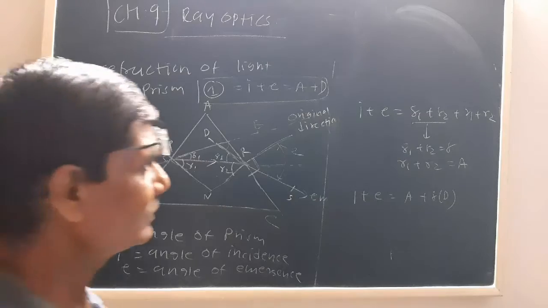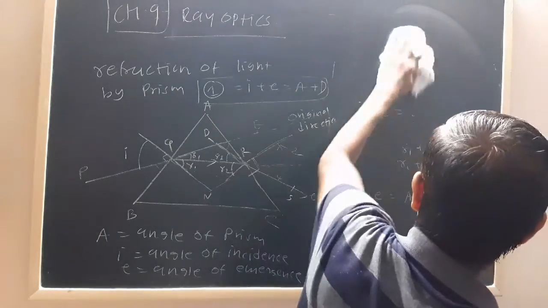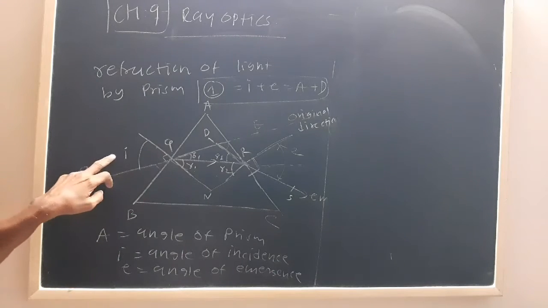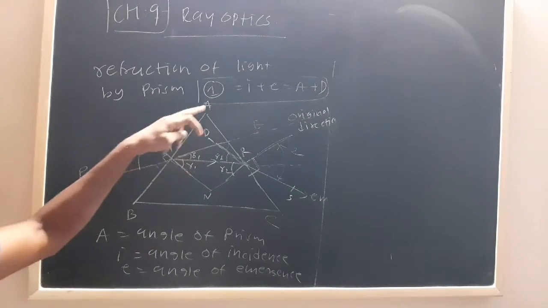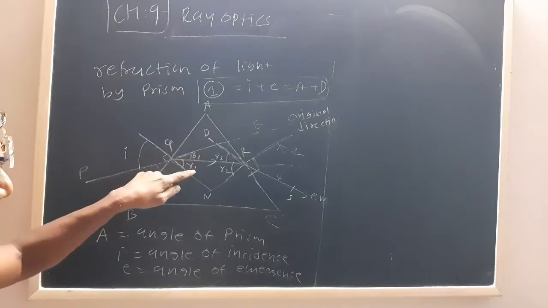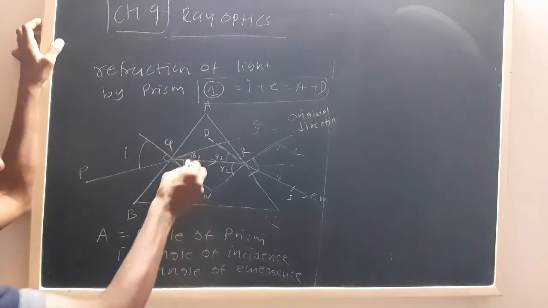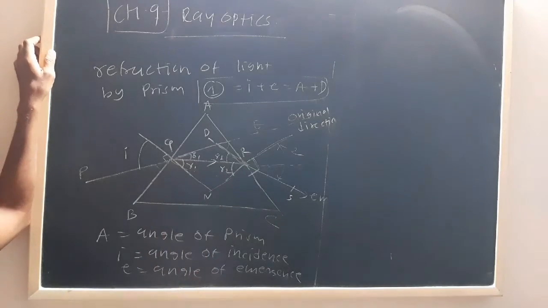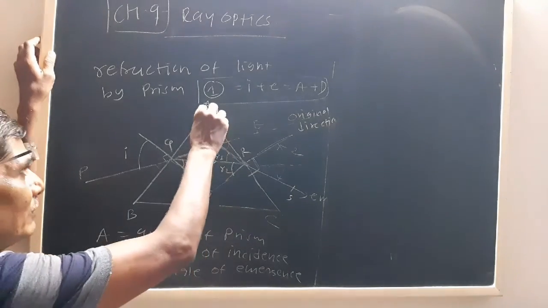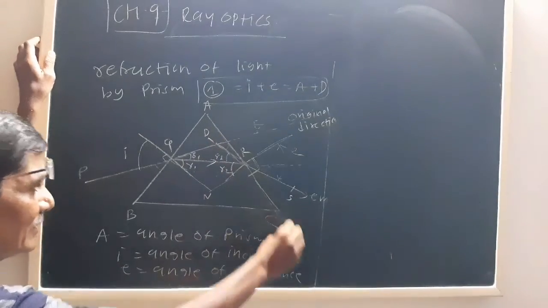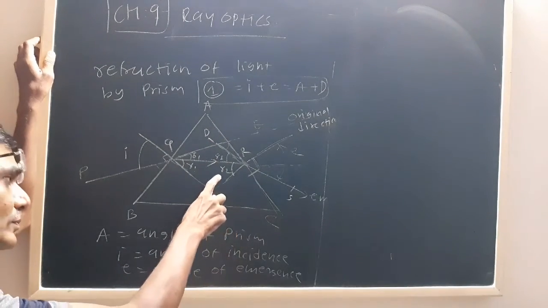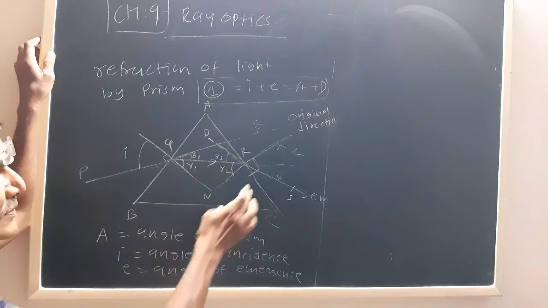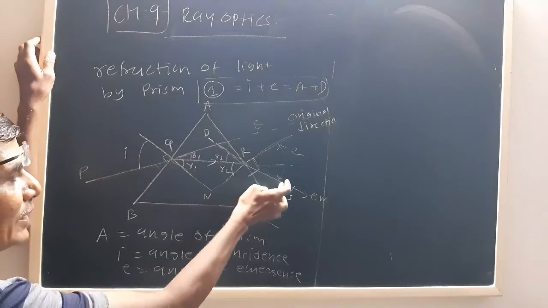So this is about the refraction of light by a prism. Here again PQ is the incident ray that makes angle I with the normal on surface AB. R1 is the angle of refraction. It is deviated by angle delta 1. QR will be in the same medium, so it will travel in a straight line. It will be refracted again on surface AC. So this will be the angle of refraction, that is R2, and it travels from a denser to a rarer medium.